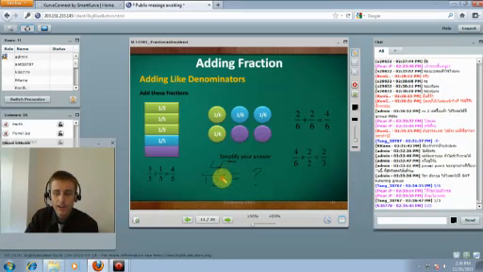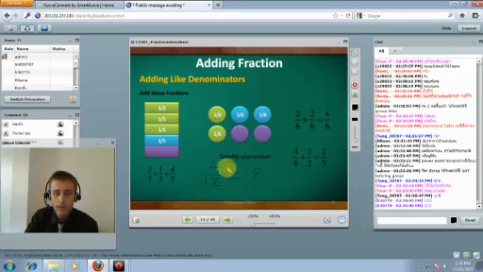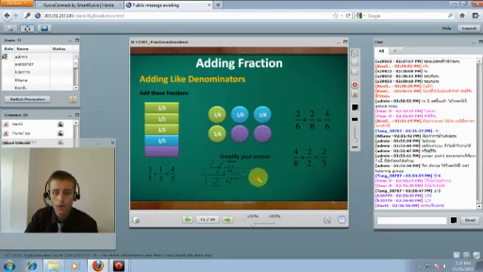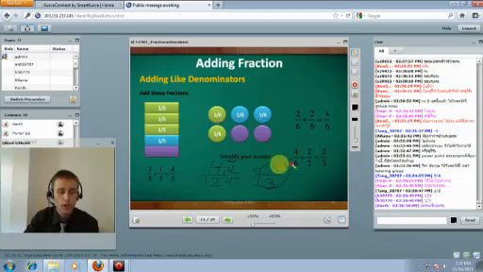Correct. You can divide the top and the bottom by 4. 4 divided by 4 is 1. 12 divided by 4 is 3. So the simplified version of 4 over 12 is 1 over 3.